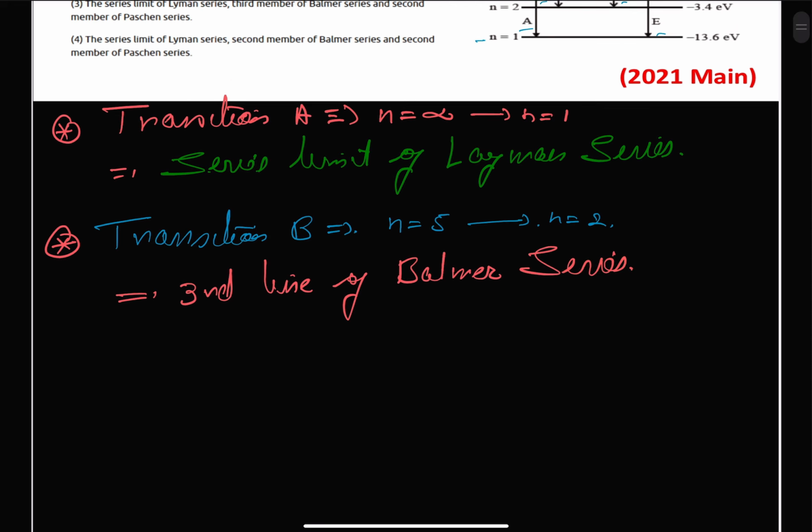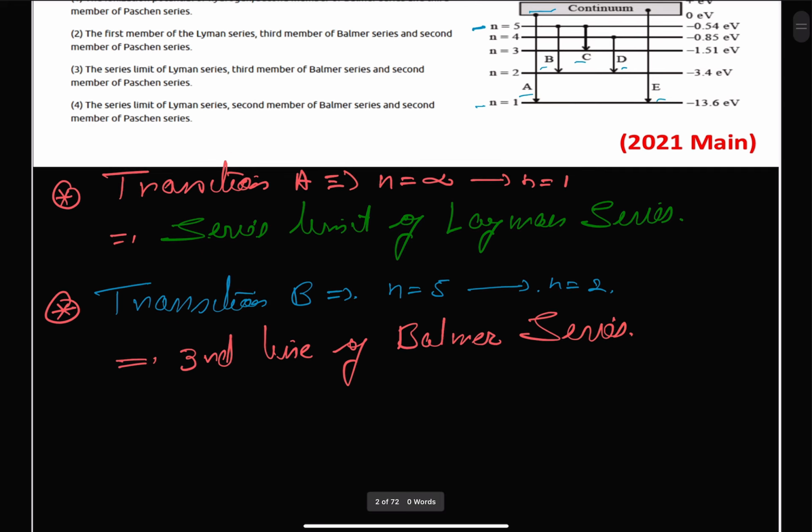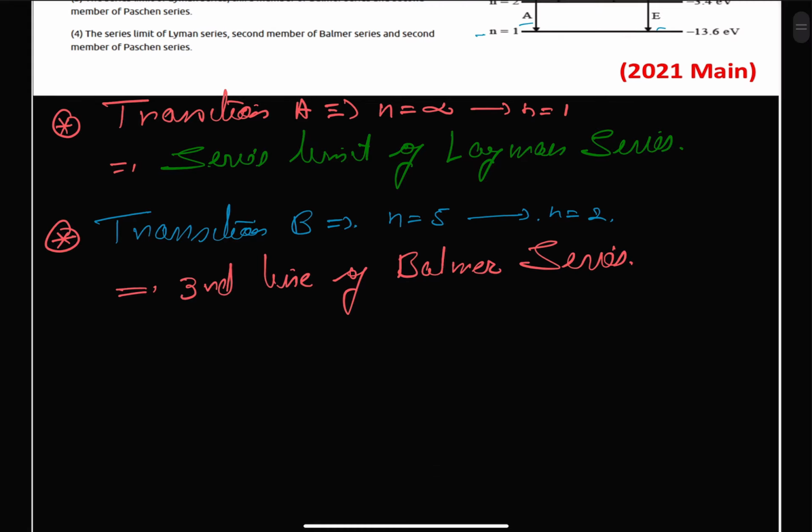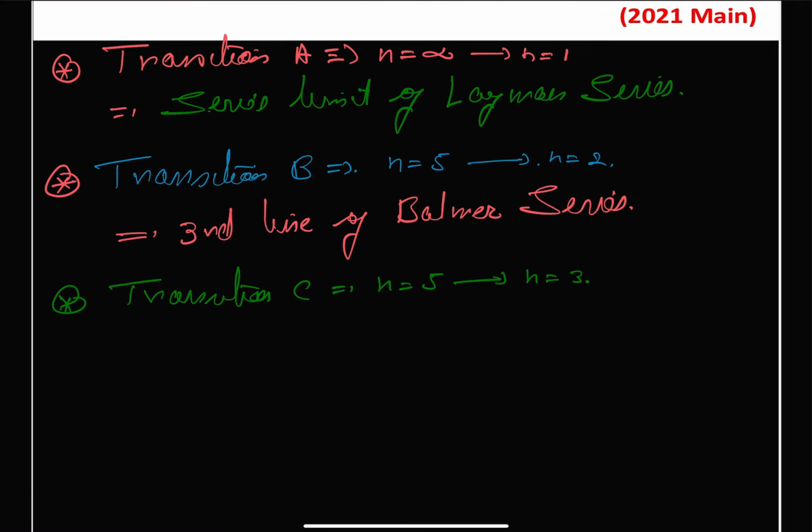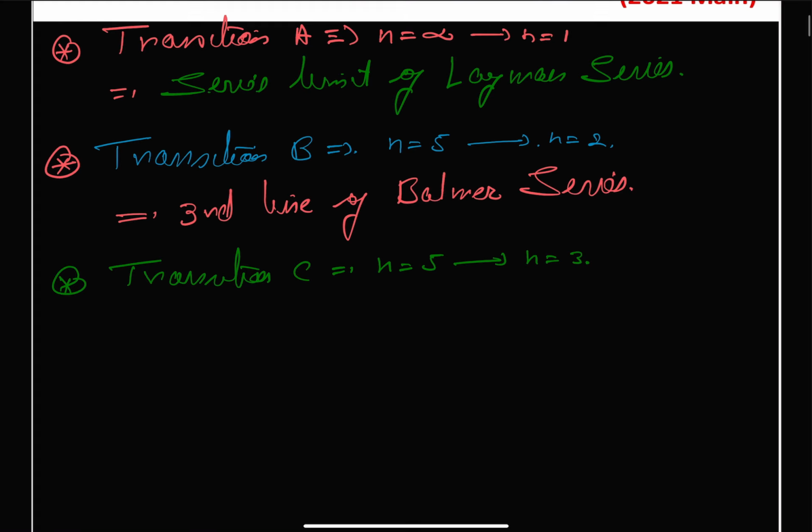Then we have transition C, that is from N5 to N3. Transition C is from N5 to N3, and this we can call Paschen series, or specifically the second line of Paschen series.